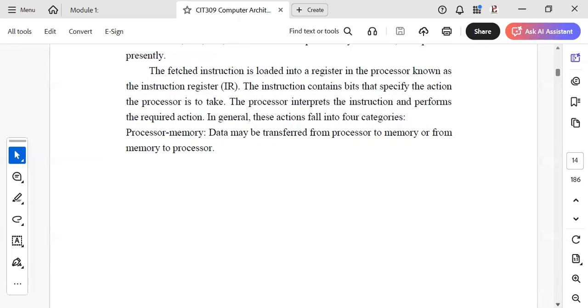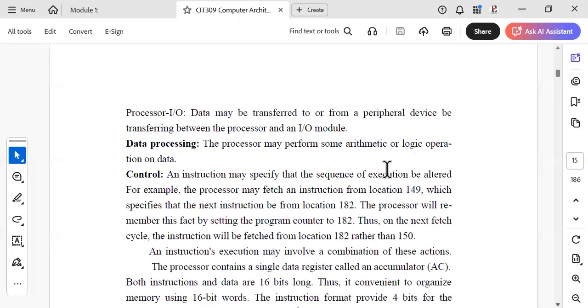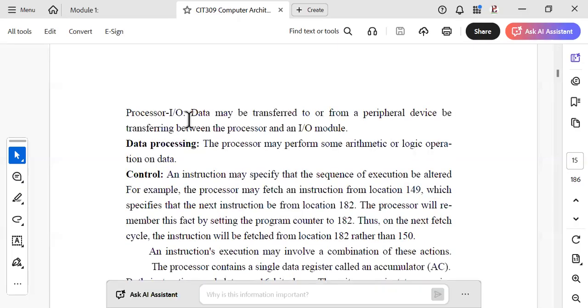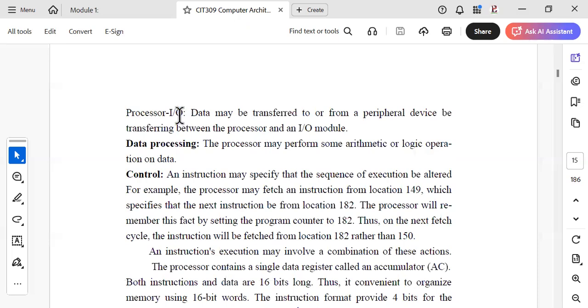And then the second one is the processor input output. When you see I/O in computer stuff, it's always input or output, whether devices or operations. So we have processor to memory, then processor to input and output. And data will be transferred to or from a peripheral device. That is a device that is not part of your computer, but is added to it.